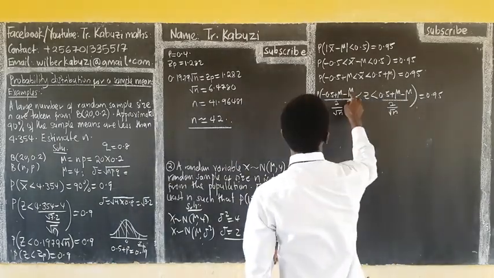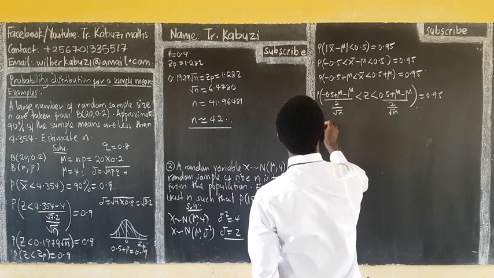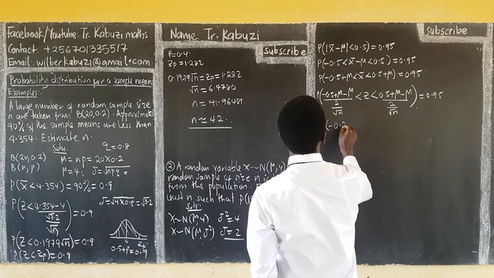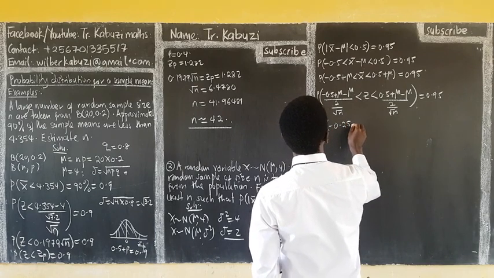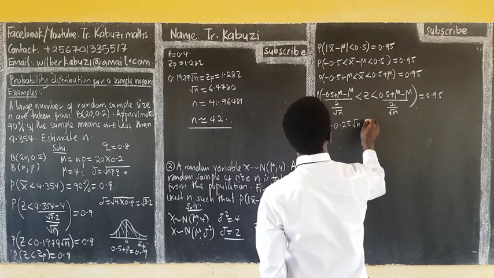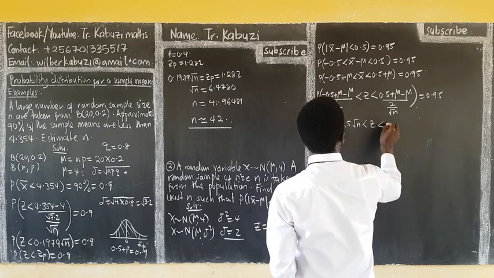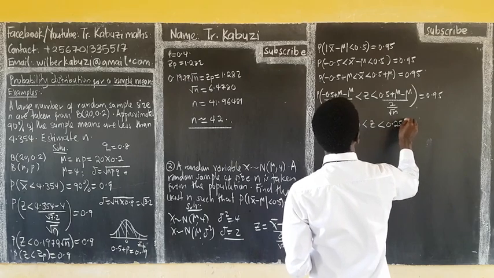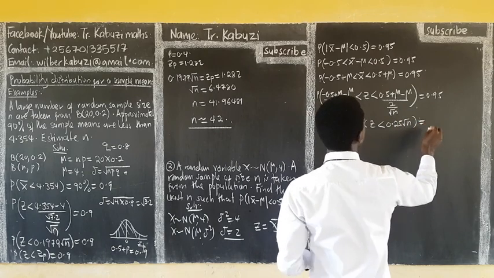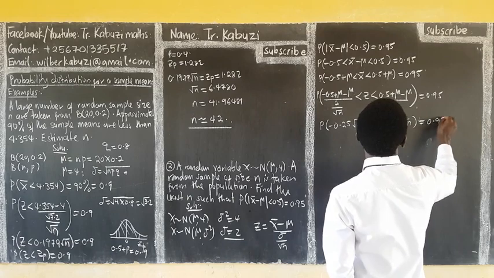When I divide here, I have the probability of negative 0.25 root n less than z less than 0.25 root n equaling 0.95.